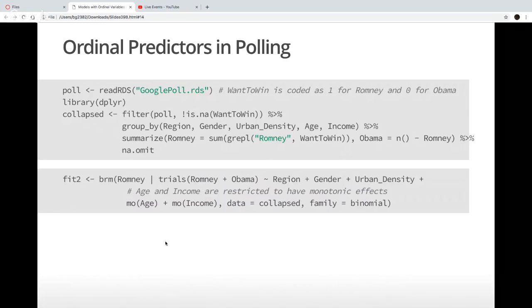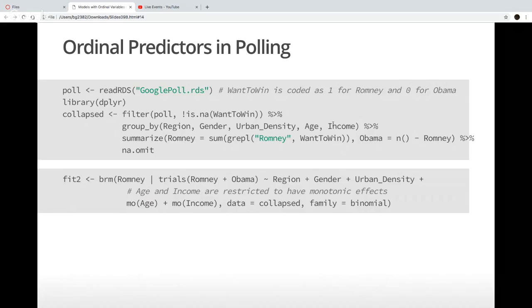So we run it through dplyr to get the data in the structure we need to use a binomial likelihood. All of these variables are categorical, but age and income are certainly categorical variables that have a natural ordering to them.